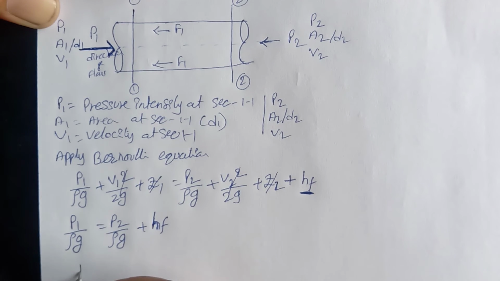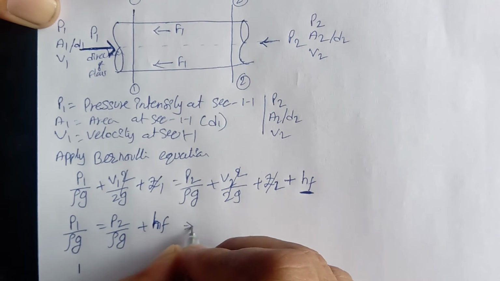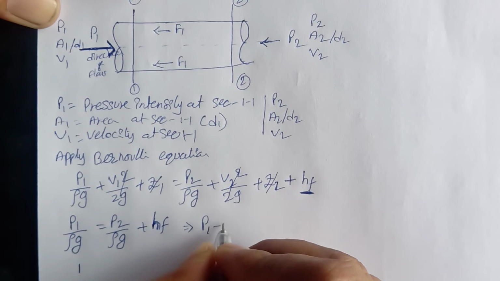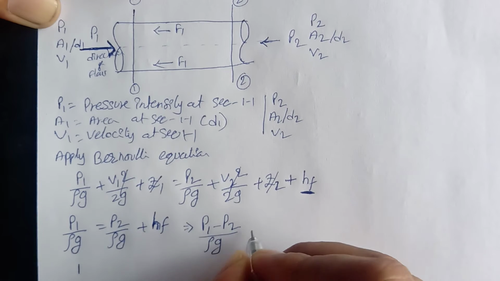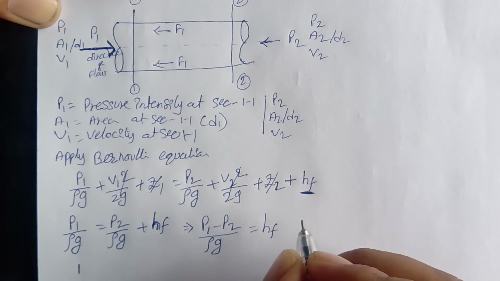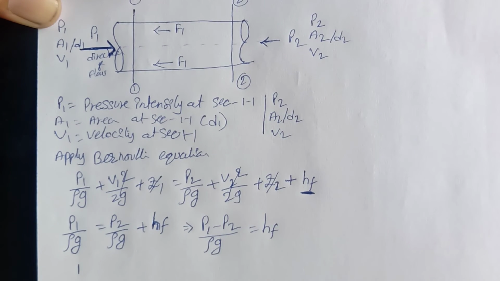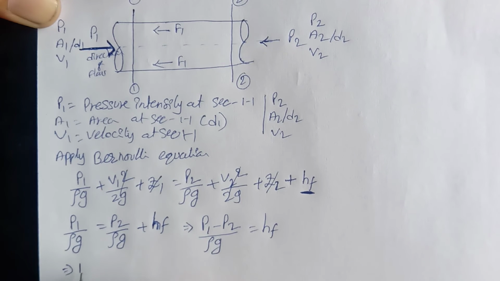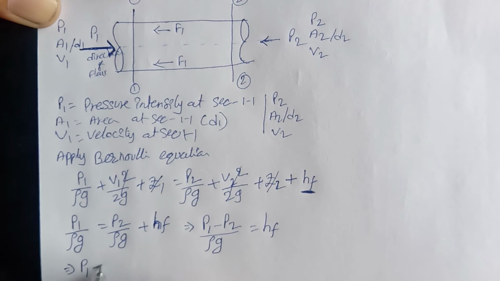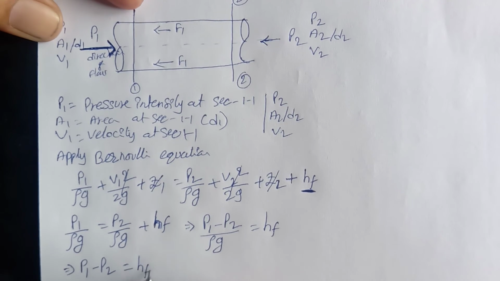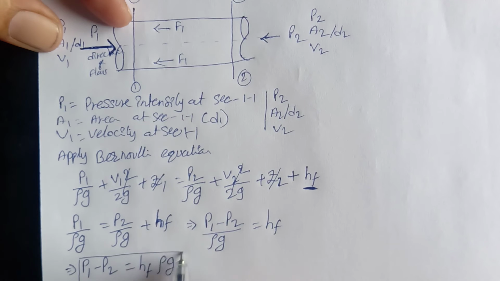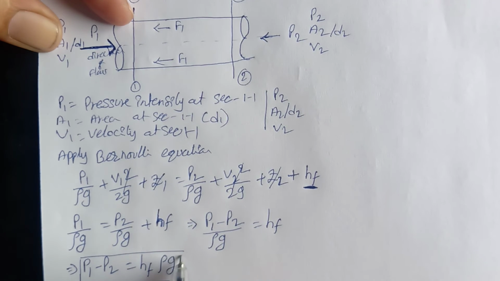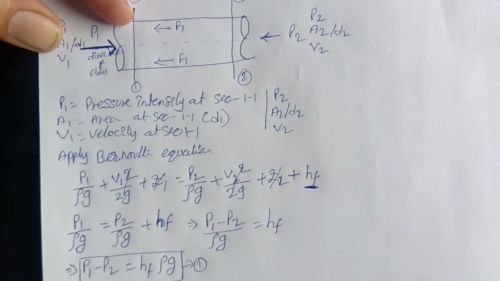So we can say P1 minus P2 by rho g is equal to HF. That implies P1 minus P2 is equal to HF rho g. This is my first equation.